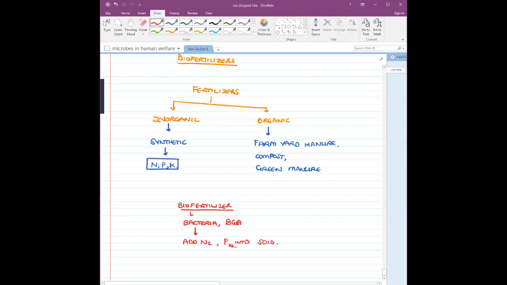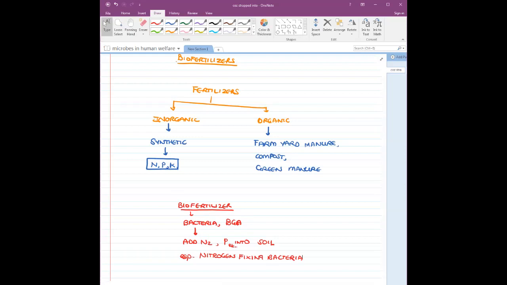Because of this, we are going to have this nitrogen fixing bacteria. Especially if we have this entire category of nitrogen fixing bacteria, one of the most common examples is your Rhizobium.